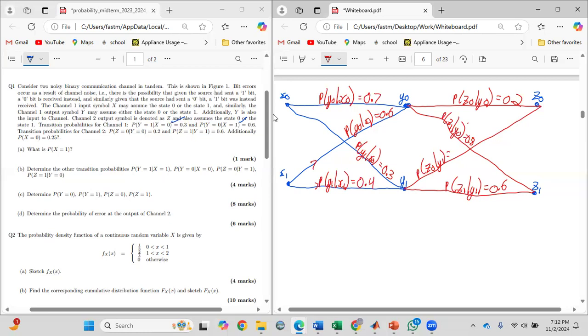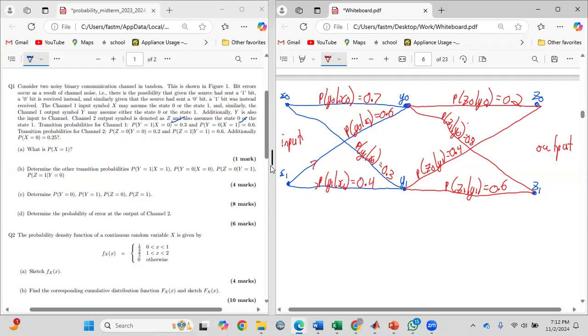It'll be the remainder from this here, so 1 subtract 0.6, which is 0.4. So there's your output, and this is your system input. So this is the connected binary communication channel gate. Alright, so that's that.